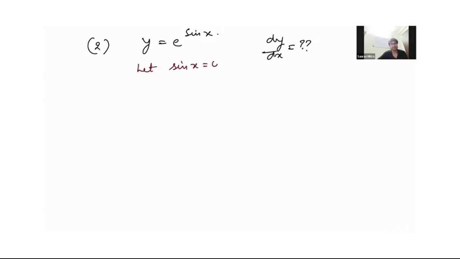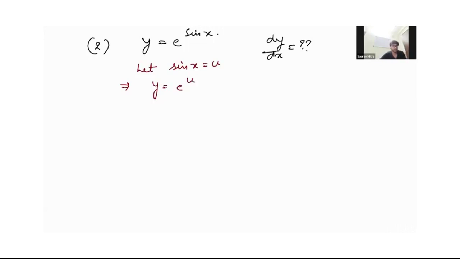Let us check another one. If I have y is equal to e to the power sine x, I have to find dy by dx. This is the final answer they are asking for, so step by step we will proceed. First I will let sine x be u, which implies my function will now look like e to the power u.